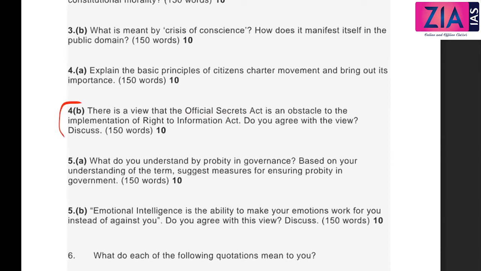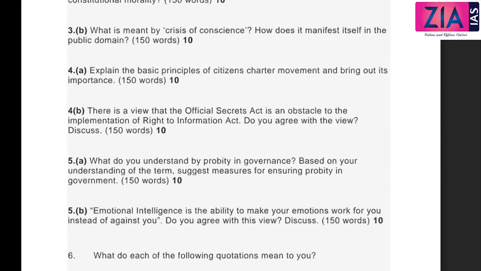Right to information promotes transparency. On the other hand, the Official Secrets Act promotes secrecy. Okay, so basically this act was there to protect confidential documents, so that issues affecting security and all those things should not be disclosed. Okay, so RTI is actually the opposite. So it acts as a hindrance.